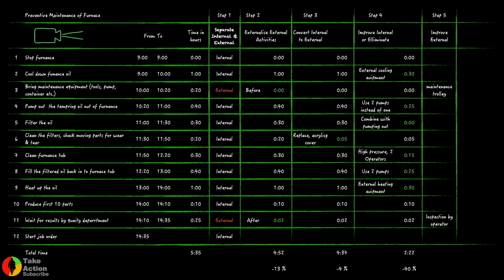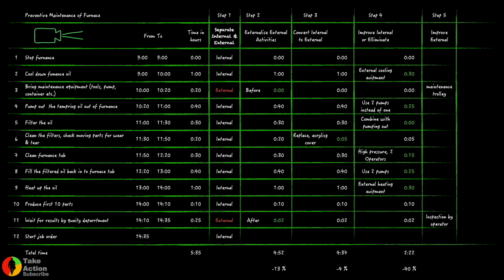We can eliminate all these things if we train him and place the measurement equipment or microscope near the furnace. He has the training, he fills the form and protocol, whatever the quality department is doing, he can do that himself. This is how we can reduce his work.